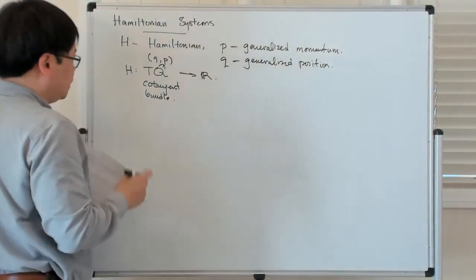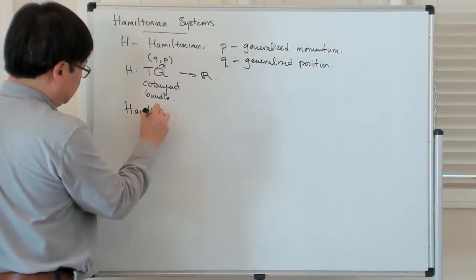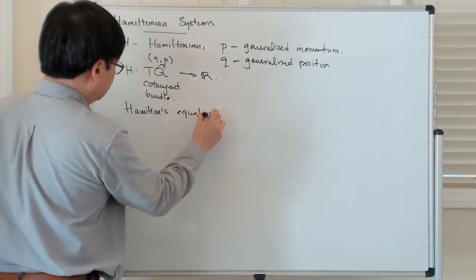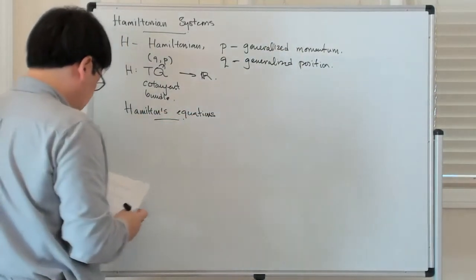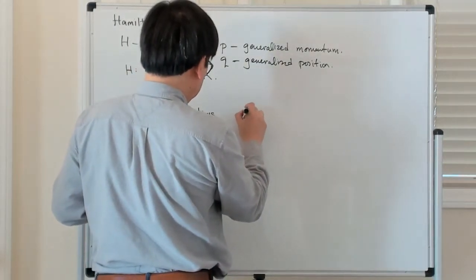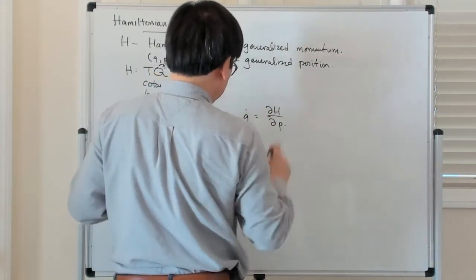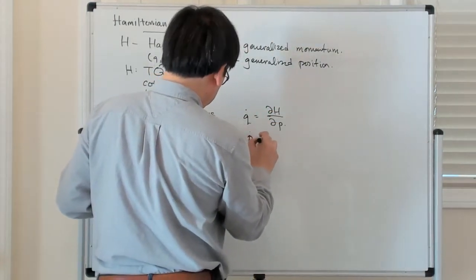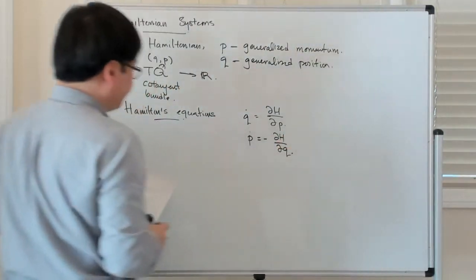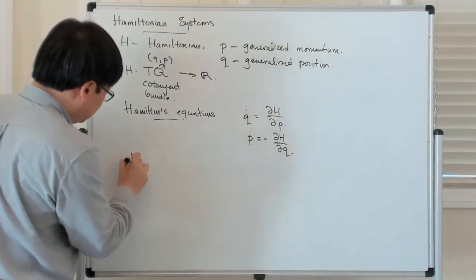Given the Hamiltonian, you have what are called Hamilton's equations, which say that Q dot is equal to dH/dP, and P dot is equal to minus dH/dQ. Let's look at an example.